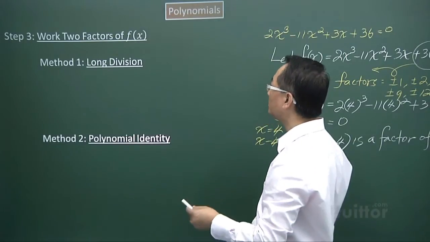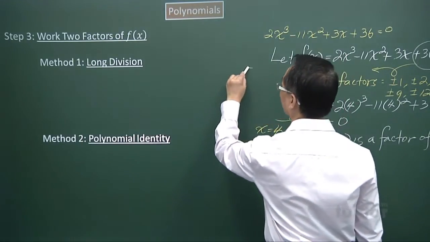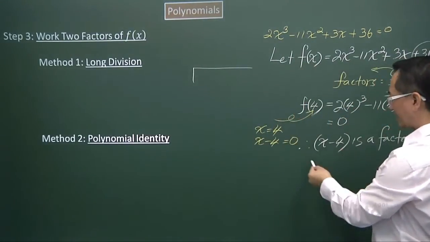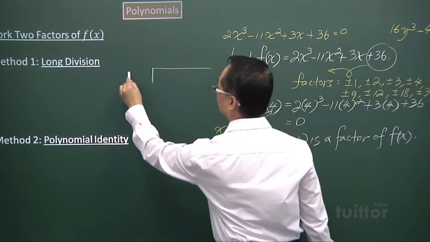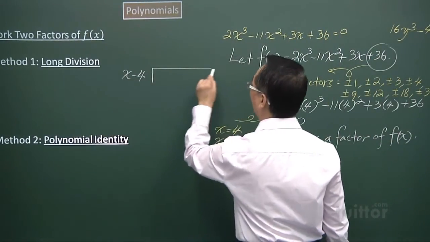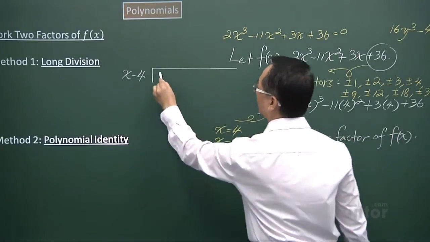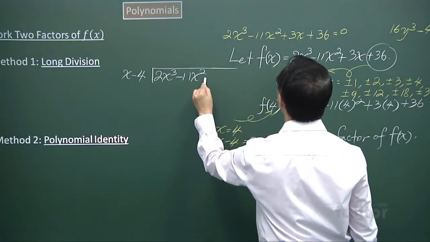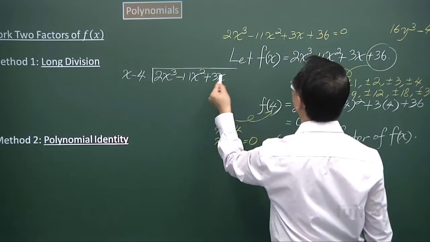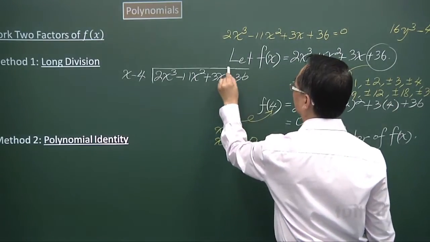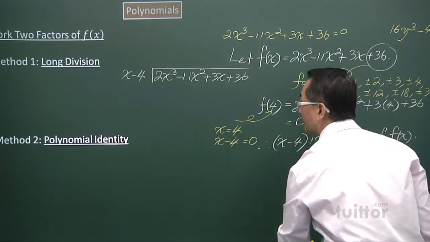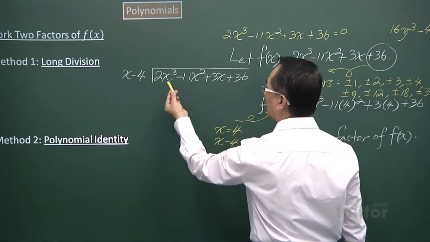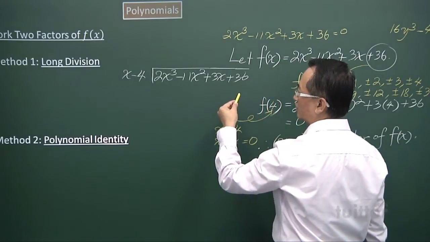So what I do over here is to run through the long division. I have a divisor here, x minus 4, and the cubic expression. The whole purpose is to get rid of the first term in the cubic expression.